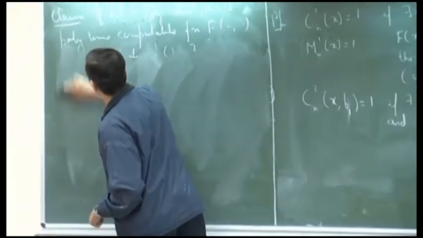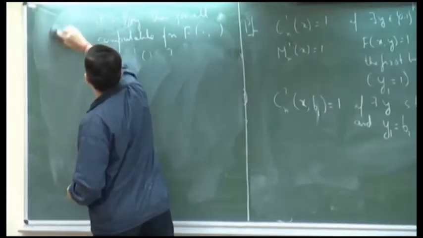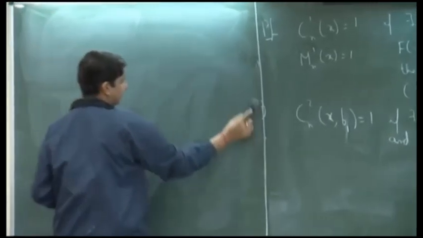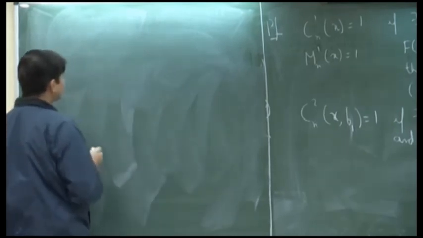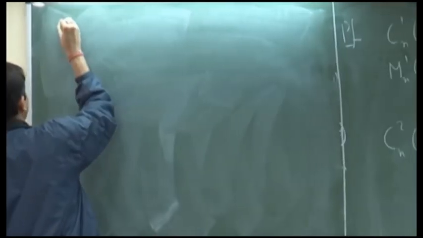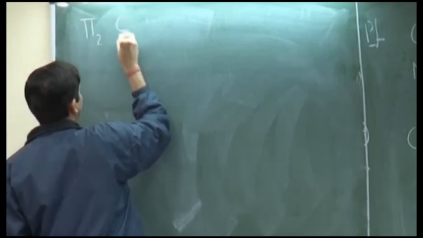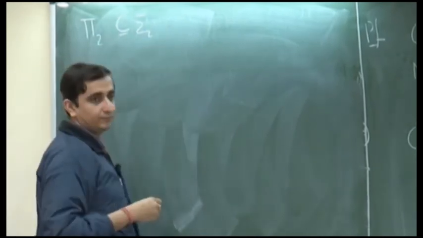Now let us come back to our theorem. It is not much left. So now we want to show that pi 2 is contained in sigma 2.